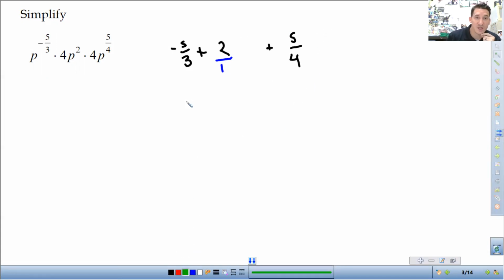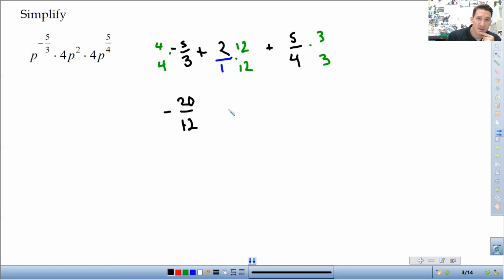So I need to change these denominators to be 12. I need to multiply top and bottom of this one by 4, top and bottom of this one by 12, top and bottom of this one by 3. All right, and that's going to get 12s on the bottom. So 4 times 3 is 12. 4 times 5 is 20.